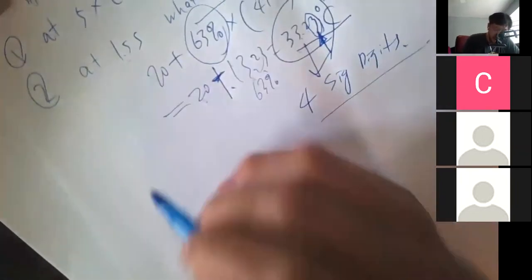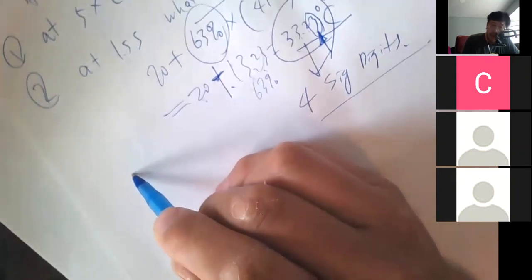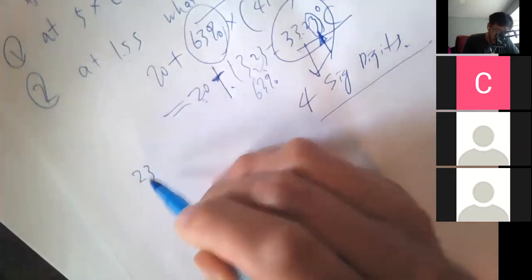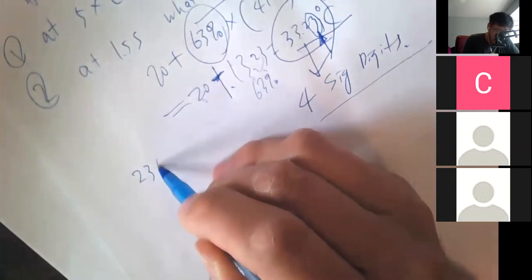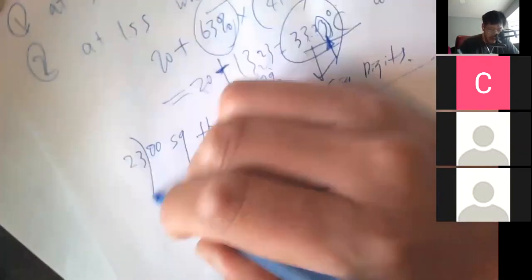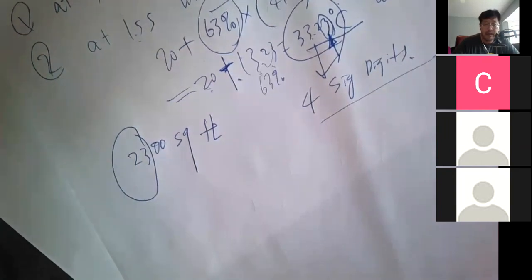Another example, suppose you're buying a new house. What do you say? 2,300 square feet. That's significant digits: 2, 3.